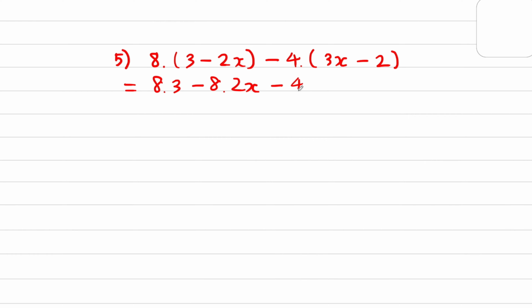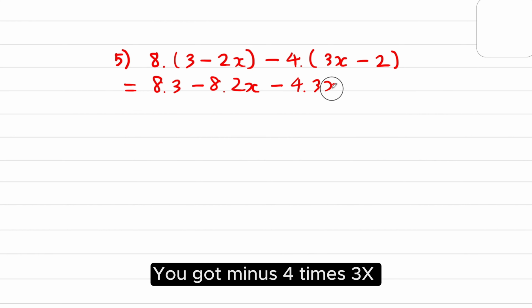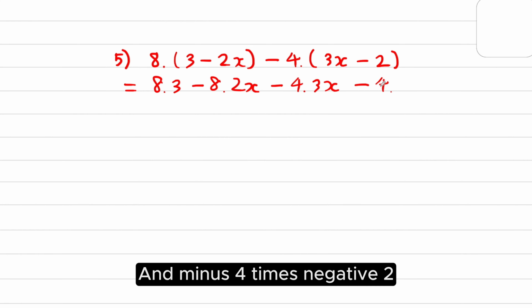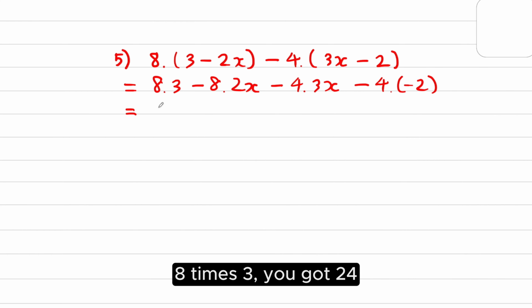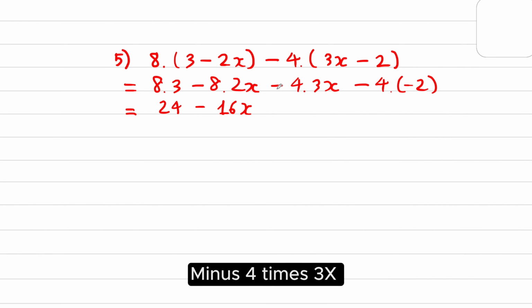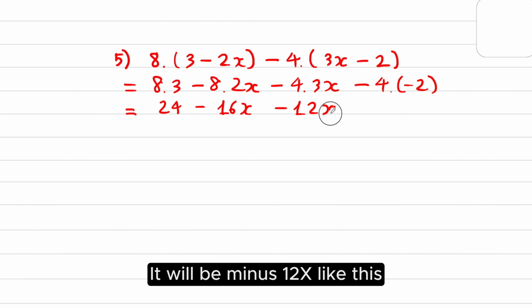And the next term, you got minus 4 times 3x and minus 4 times negative 2, like this. 8 times 3, you got 24, and for this one, you got minus 16x. Minus 4 times 3x will be minus 12x, like this.